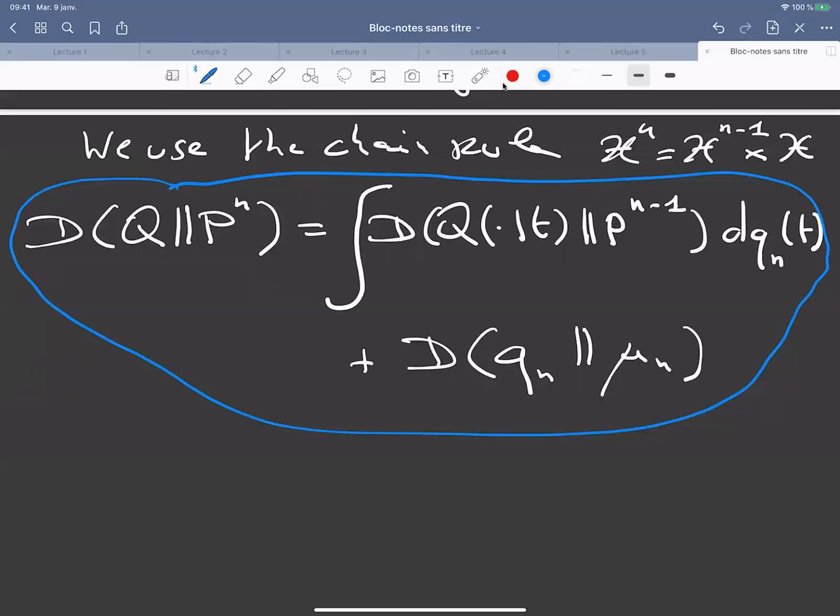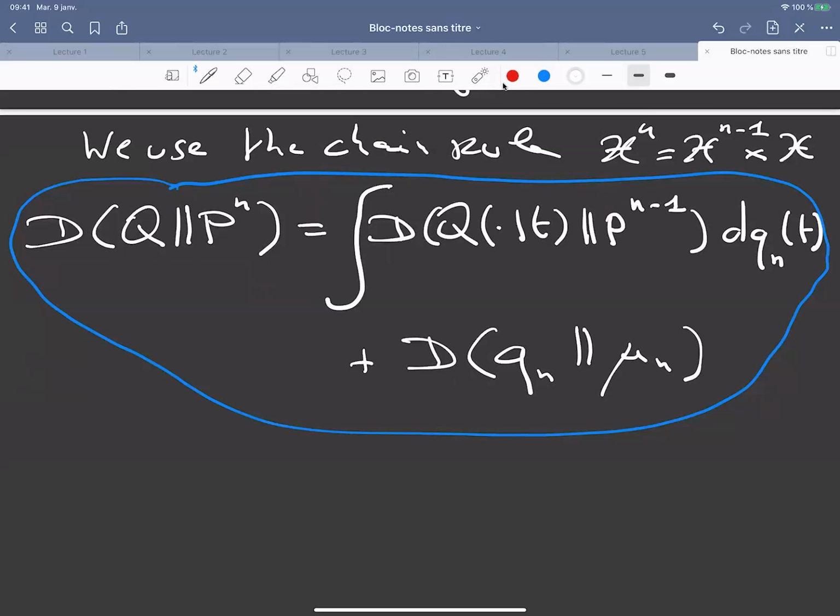And now you see that the chain rule itself, due to its structure, is leading us to what is the right construction to make as a coupling.